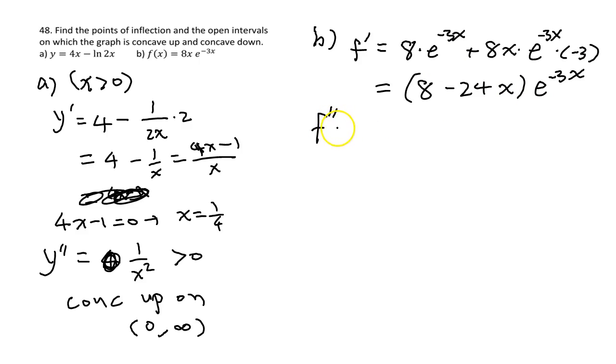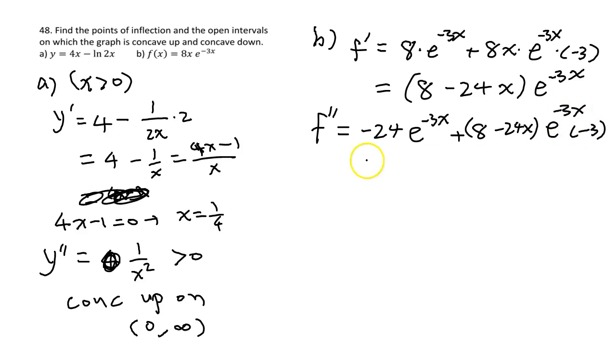Now let's differentiate twice. We need the concavity here. Using the product rule again, it's negative 24 e to the negative 3x, and then (8 minus 24x) e to the negative 3x times negative 3.